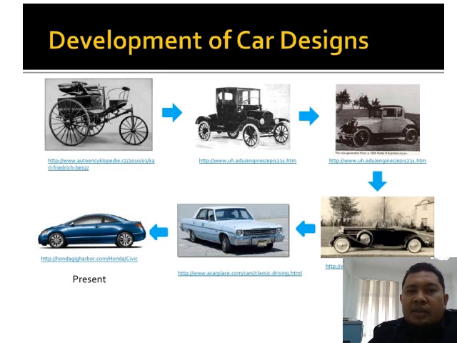And then this one, the development of car designs. Of course, if you make some product, then you need to have a decent design, when you want to make it much more eye-catching. Okay, previously cars were just like this.